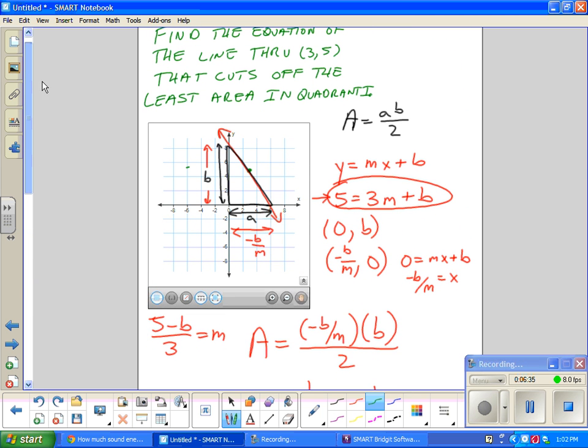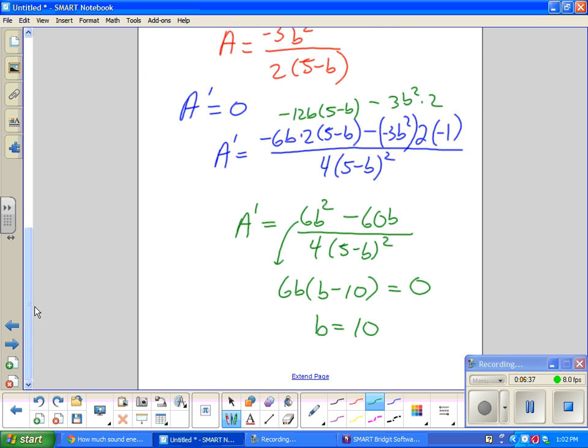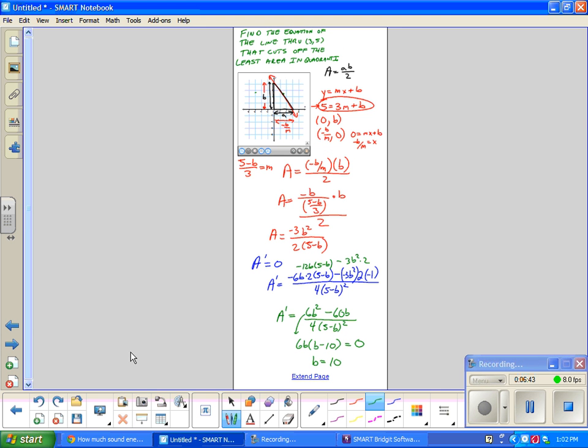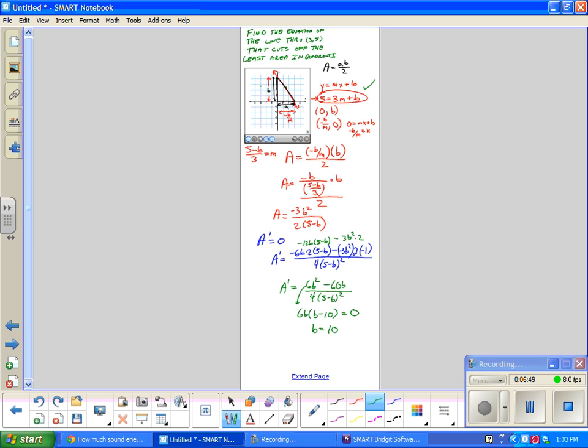So I want the equation of the line. Well, I just found that b equals 10. So I can now go all the way back up to my original equation. This is getting long, but I have this equation right here. I now know b is 10. So I will go with 5 equals 3m plus 10.